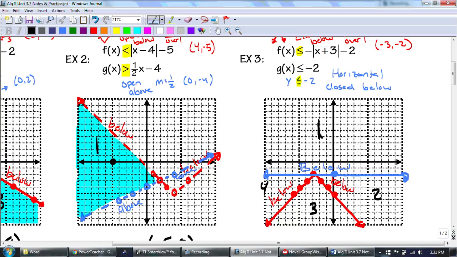Now, our blue line, it can be 2, 3, or 4. The only section where it doesn't work is section number 1. But now, below the red, the only guy that's below the red is 3 because 2 is above and 4 is above. So I can get rid of 4 and I can get rid of 2, and the only thing I'm going to color that I'm shading in is 3.